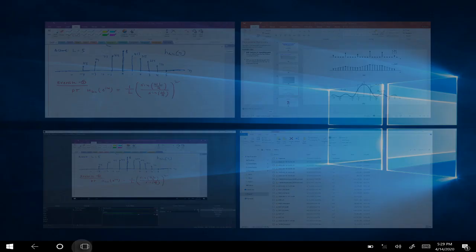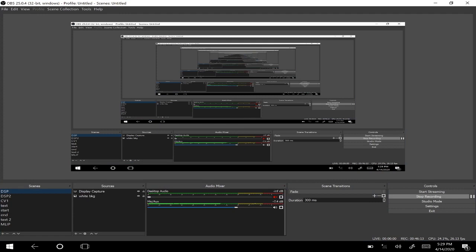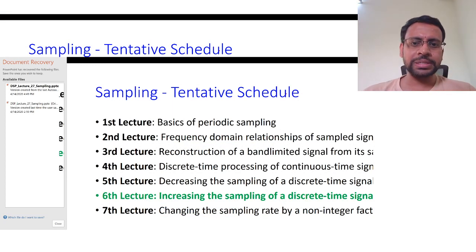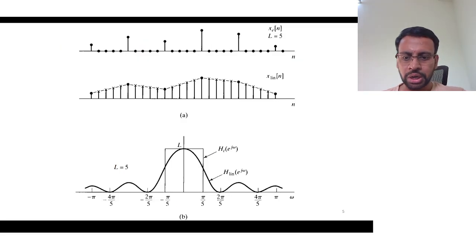Okay. That's pretty much it, we are done now with increasing the sampling rate of discrete time signals. By the way, just before that, let me come back here, put it in the read mode, and again you could see here in this graph, that rectangular block is something you had, which is the ideal low pass filter.